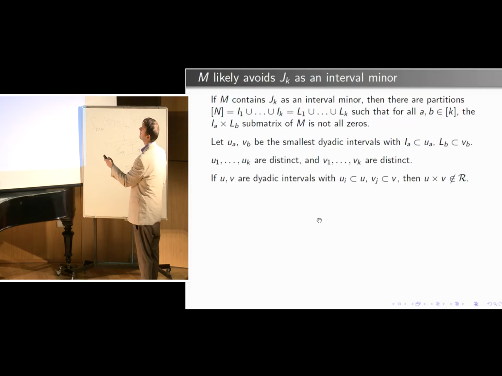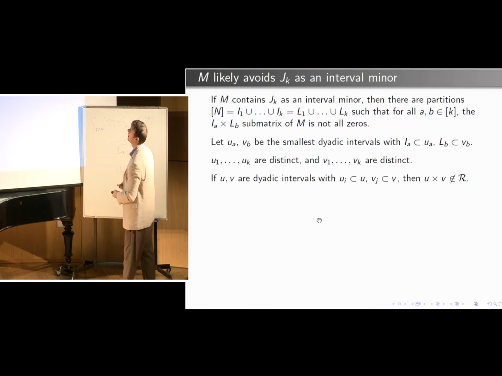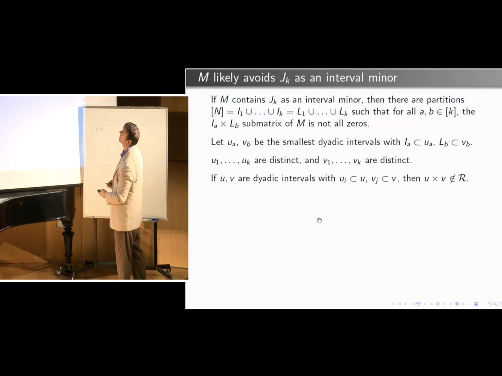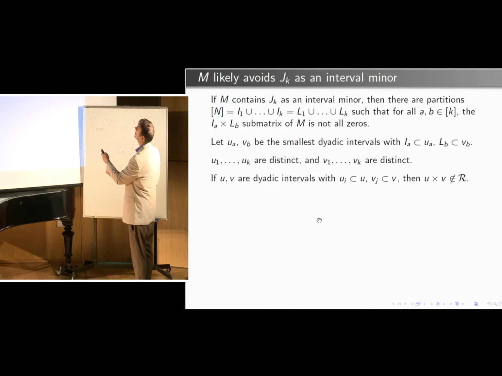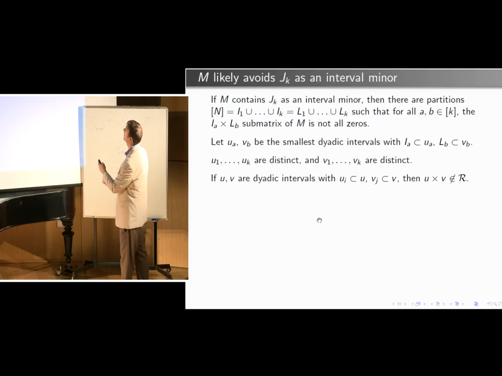Now, U_i times V_j is contained in there, so it will also be all zeros, and therefore the subrectangle I_i times L_j will be all zeros as well. And they're not supposed to be that way. So all of these dyadic rectangles are missing, so they're not in R.